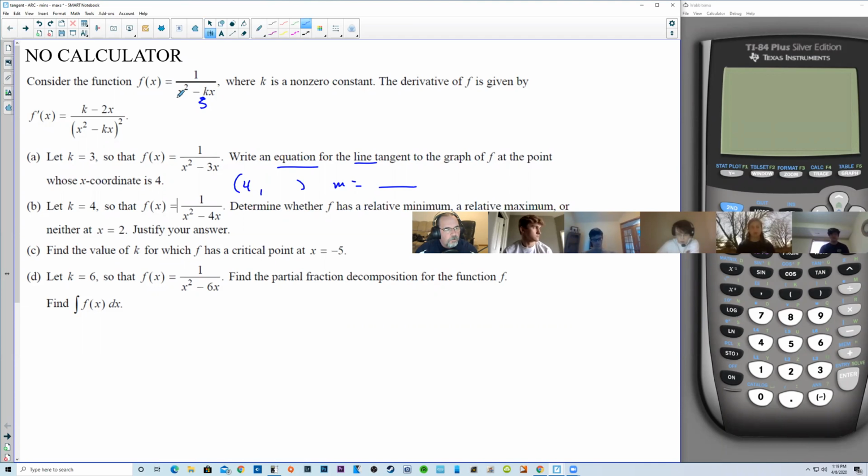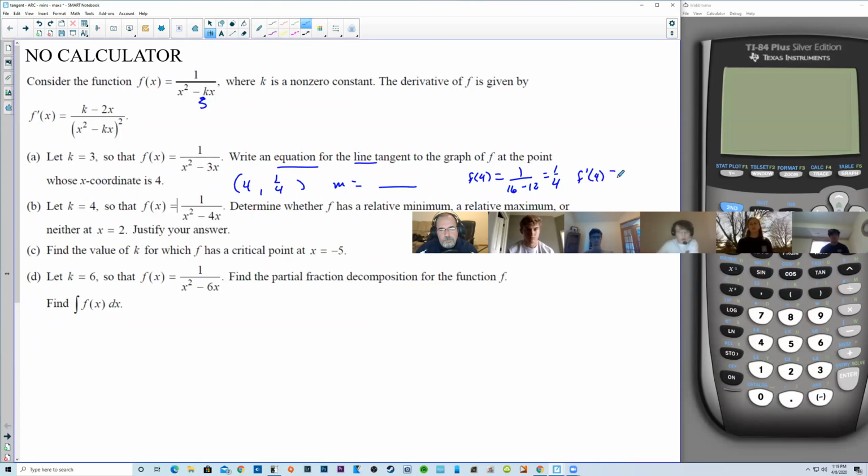If we plug 4 in here, what do we get? f of 4 is equal to 1 over 16 minus, plugging it in here, 4 times 3 is 12, so 1/4. The slope, we're going to plug 4 in for the x.